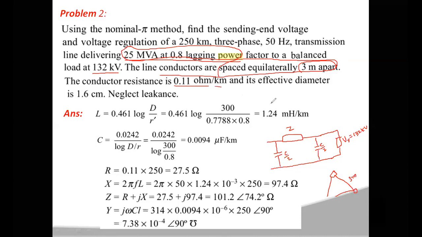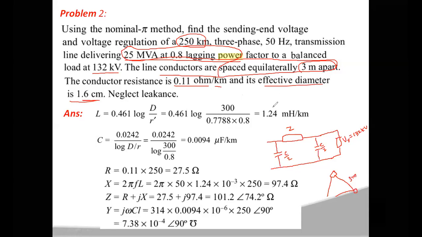The total length of the transmission line is 250 kilometers, and per 1 kilometer it has 0.11 ohm as a resistance value. The effective diameter of the conductor is given as 1.6 centimeter.